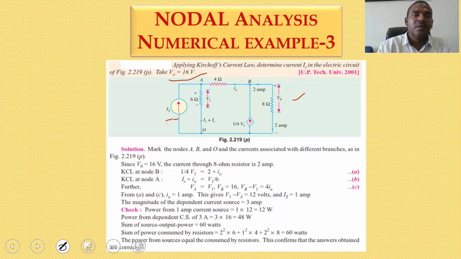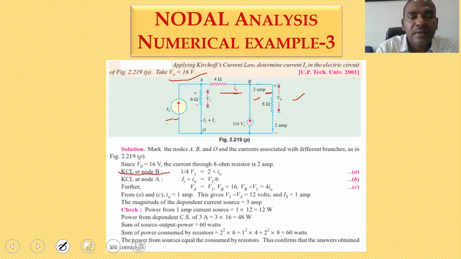Okay. So now I am going for the nodal analysis. KCL I am applying at node B. Here, 1/4 times V1, it is a current source, is equal to the 2 amperes given, plus IA.